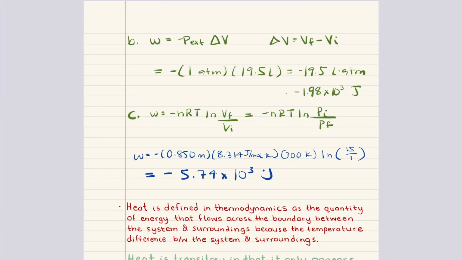So that is our answer for part C. Notice when you compare the values for B and C, the magnitude for the reversible process is greater than for the irreversible process. So the work delivered by the reversible expansion is greater than the work delivered by the irreversible process, and that lines up with what we've discussed.